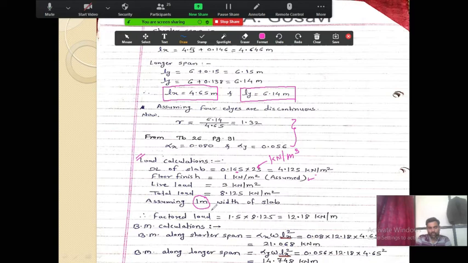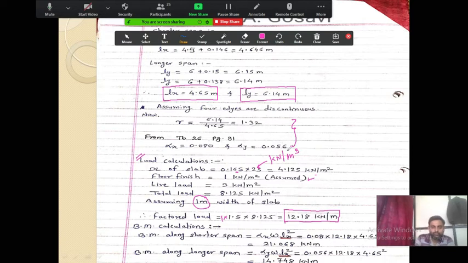It is 1.5 into 8.125, so multiply this by 1.5 and again multiply by 1, because we have considered the width as 1 meter. If you do that, you will get the value as 12.18 kilonewton per meter. This is your factored ultimate load.